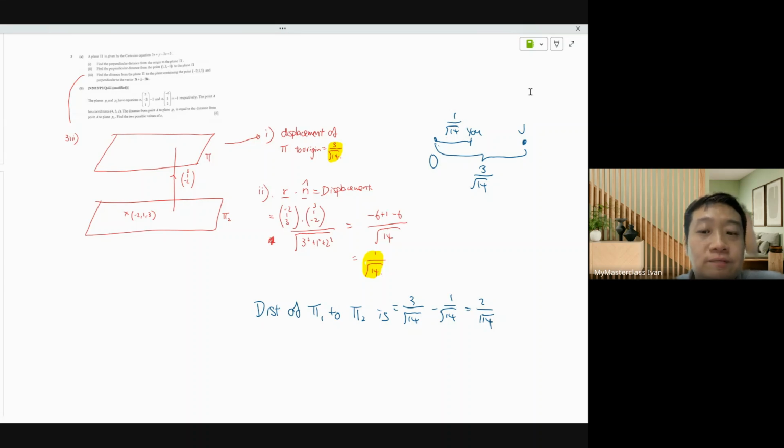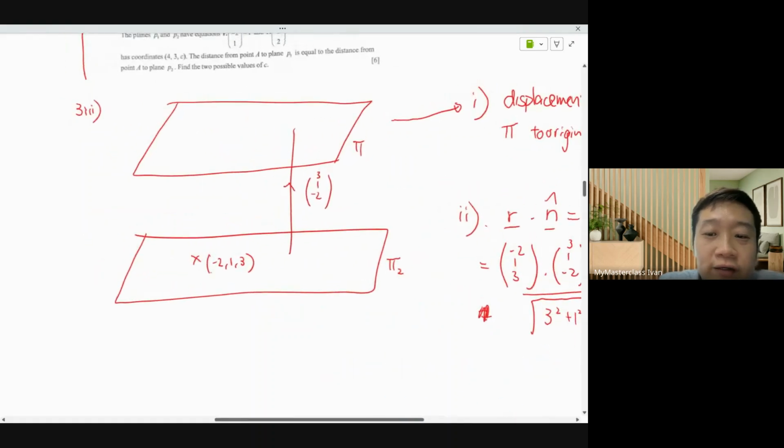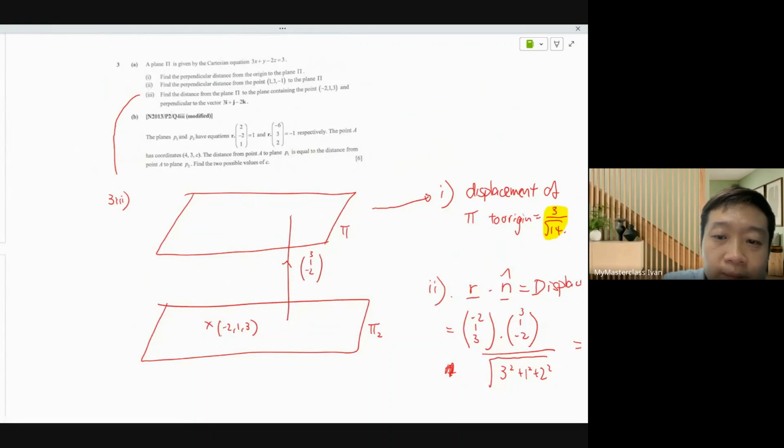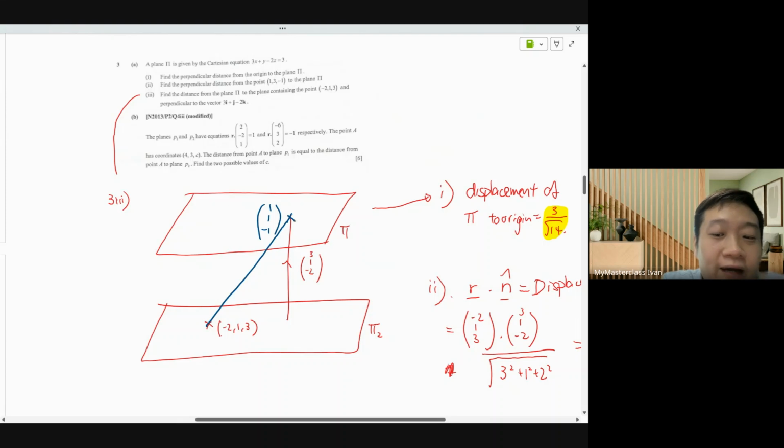So yes, in a way, another method of doing this one is, for pi 1, we have a convenient point, which is (1, 1, -1). You can also draw this triangle, and this one is easier actually.